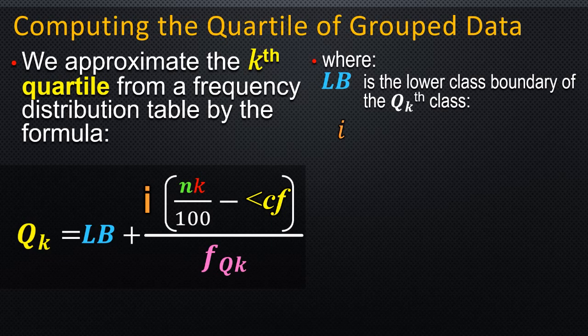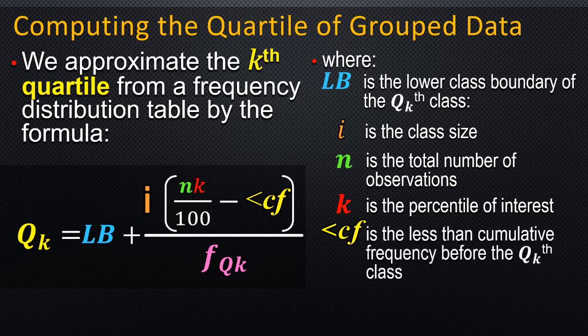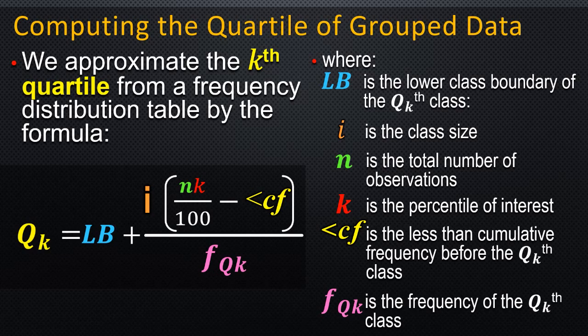LB means the lower class boundary of the quartile class. i is the class size. N is the total number of observations or scores. k is the percentile of interest. Less than CF is the less than cumulative frequency before the quartile class. And then f sub Qk is the frequency of the quartile class.